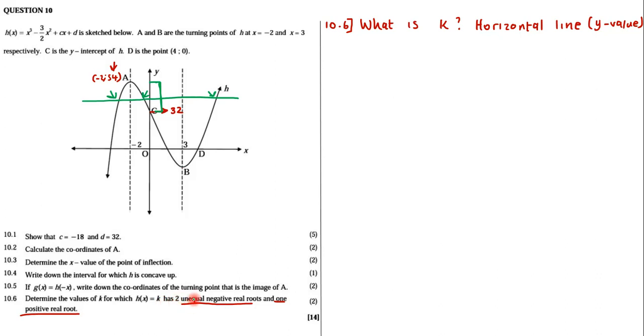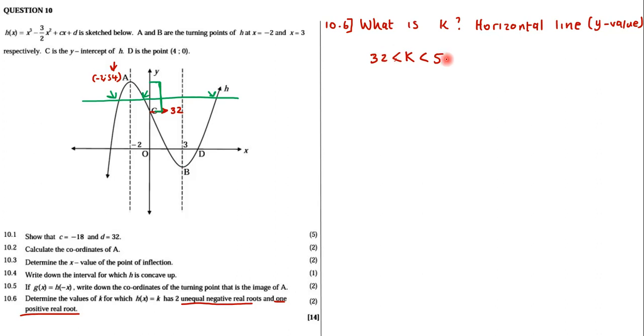Two of those points will give two unequal negative real roots, and the third one is going to be a positive real root, as you can see here, two negative and one positive. So the answer that we need to write for k is that k is in between these values, 32 and 54.